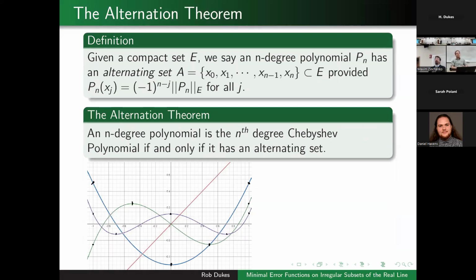There's a useful property here that characterizes these. It's called the alternation theorem. We have a compact set E. We say the polynomial has an alternating set if there's a set of points, n plus one of them, one more than the degree, where at all those points, it takes the same value plus or minus. So it'll go up, down, up, down, up, down.